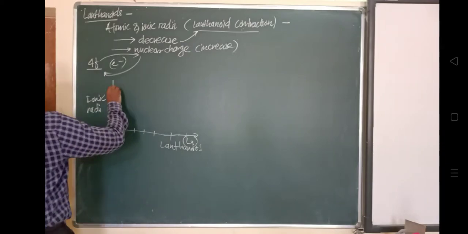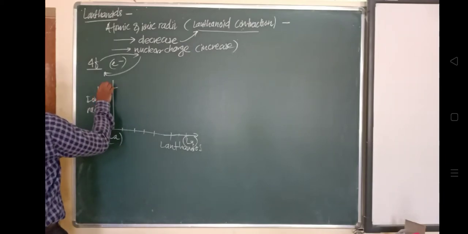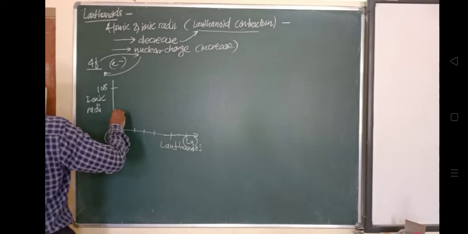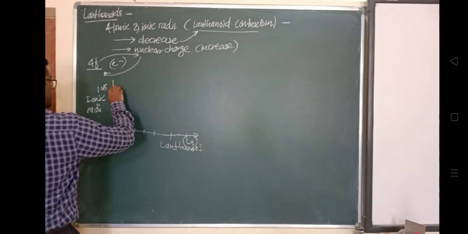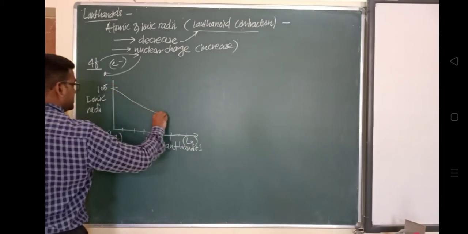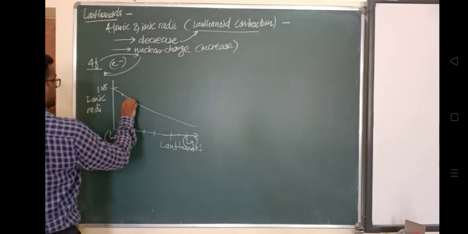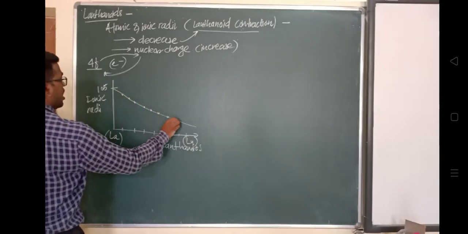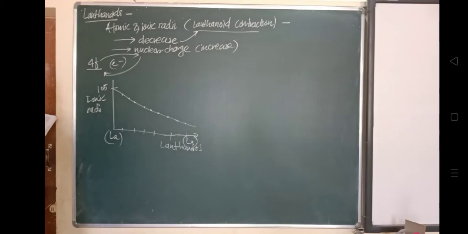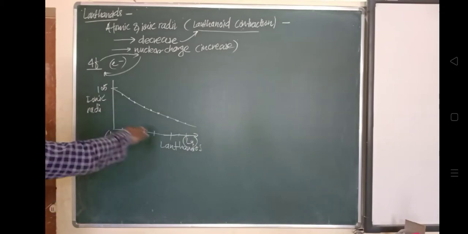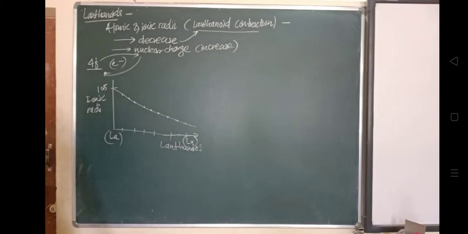Suppose this is 105 picometer. Then there is a decrease in the atomic as well as ionic radii in this pattern, which is shown in the diagram.